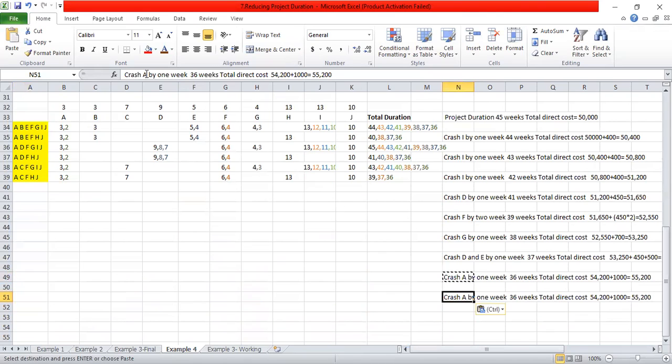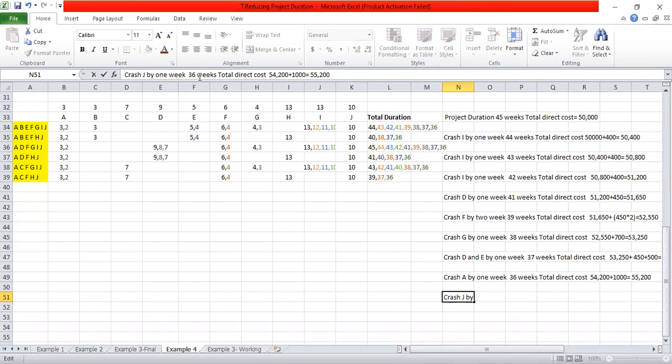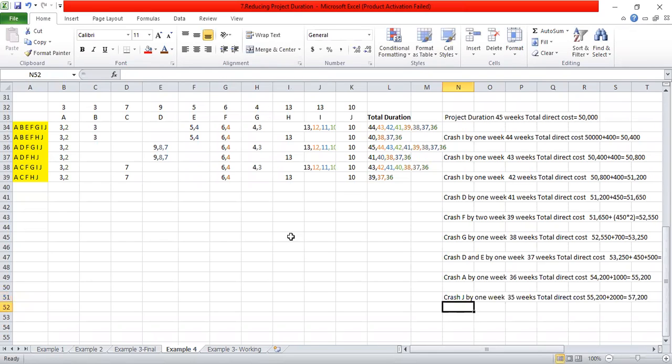So crash J by 1 week. The weeks will change. It should come as 35, right? 35 weeks. And for this cost, you have to add 2000 cost. That means 57,200. So crash J by 1 week.